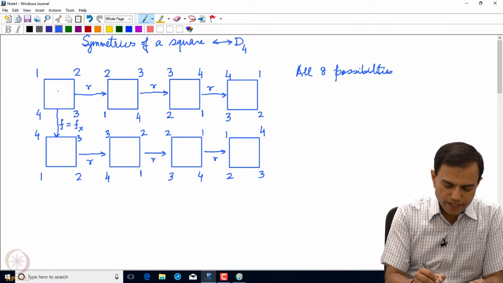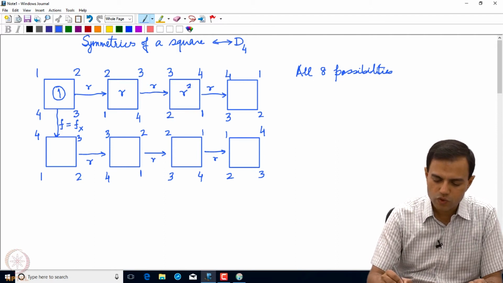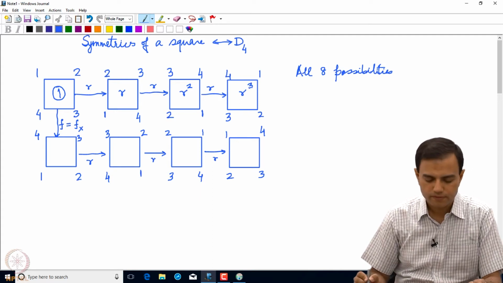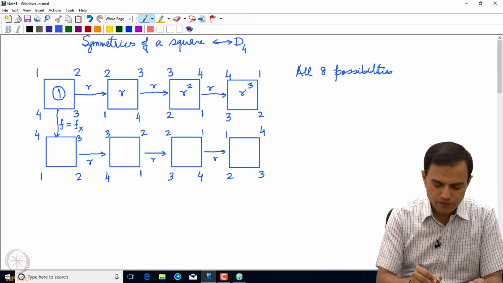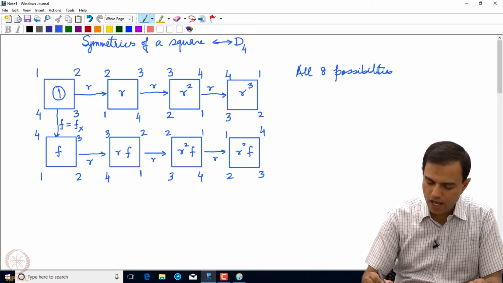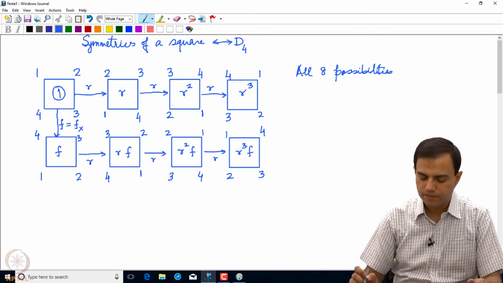So this I denote by identity 1, this I denote by R, this by r square, this by r cube. What about this one? Here I first do f and then r: this is f r, f r square, f r cube. So like that I have various configurations.